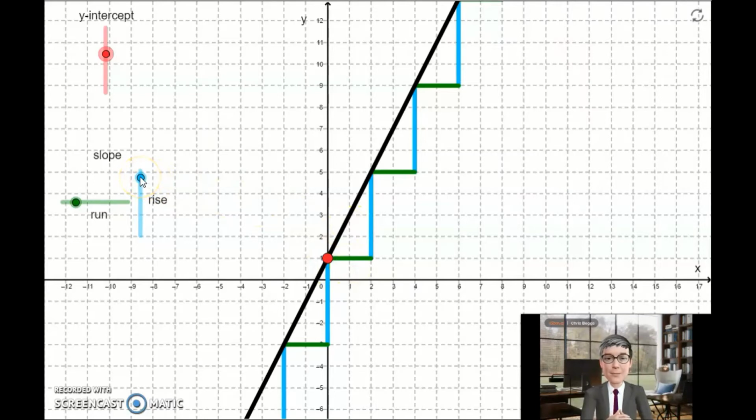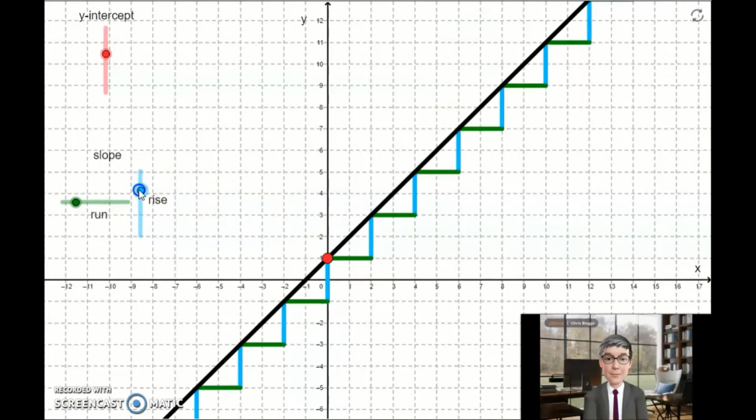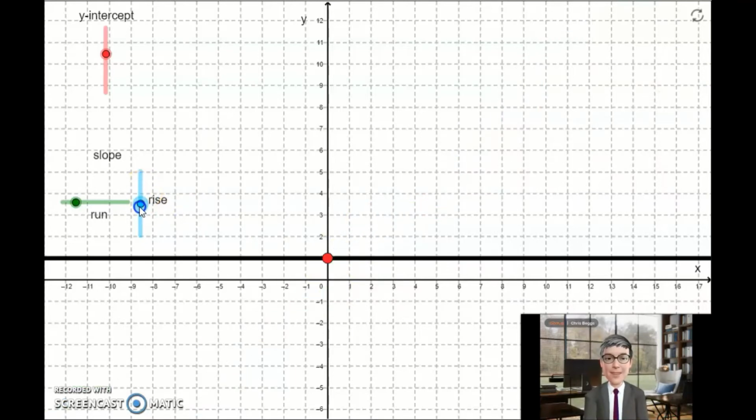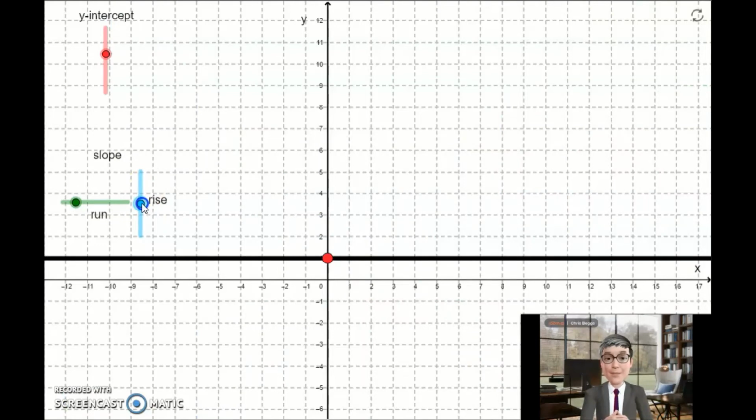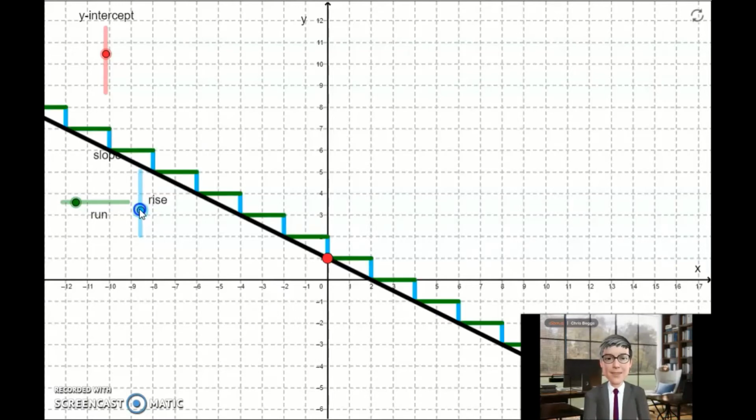I could reduce the rise back down to 2, and here I have y equals x plus 1, a slope of 1 because the rise and run are equal, and I can make my rise negative or even 0. There we are. That's the graph y equals 1 and negative.